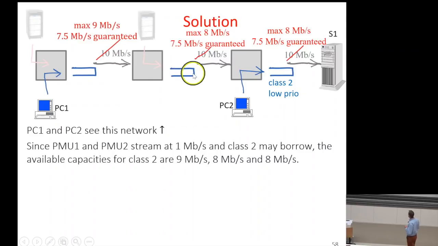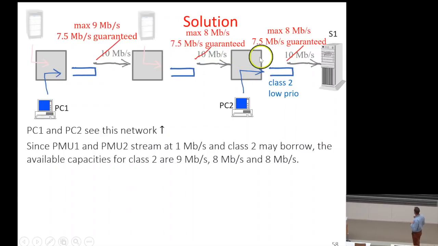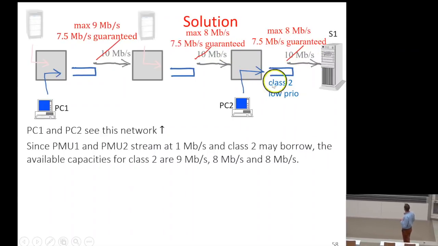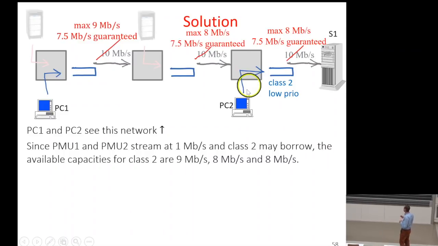And here it is the same, it gets 7.5 megabit per second, and in fact it will get 8 megabit per second because we know we have the two PMUs that are using this link here. And same thing here, we have 8 megabit per second. So from the viewpoint of the blue traffic, we have a network with links at 9, 8 and 8 megabit per second.